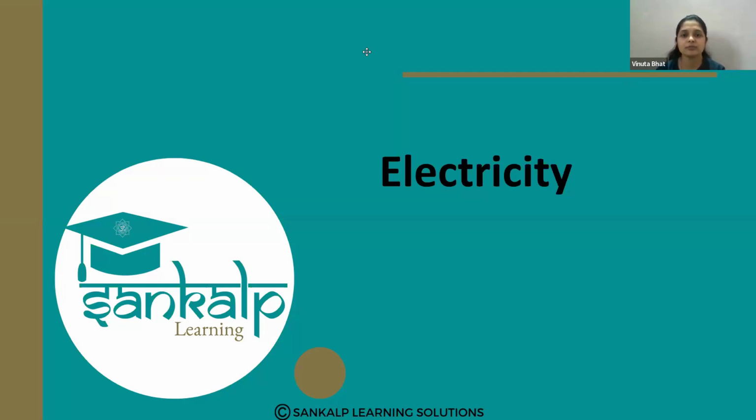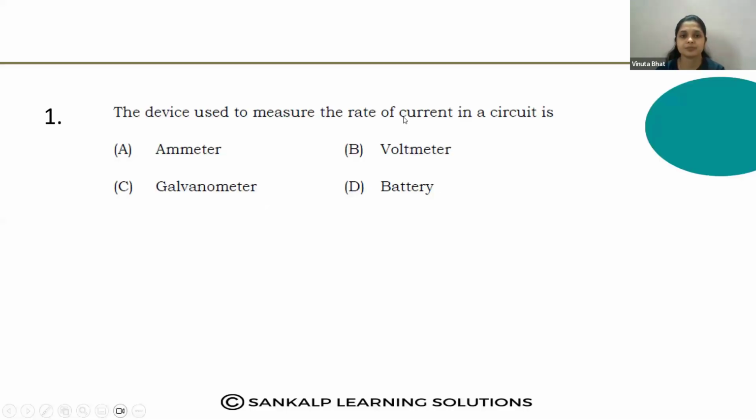The first question. The device used to measure the rate of current in a circuit. Option A, ammeter. Option B, voltmeter. Option C, galvanometer. Option D, battery.